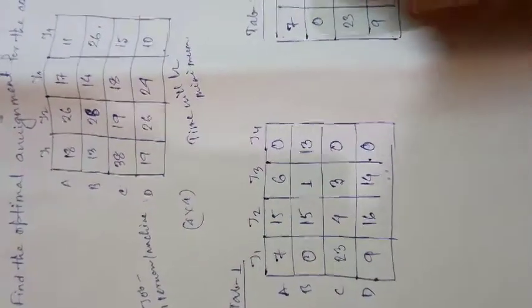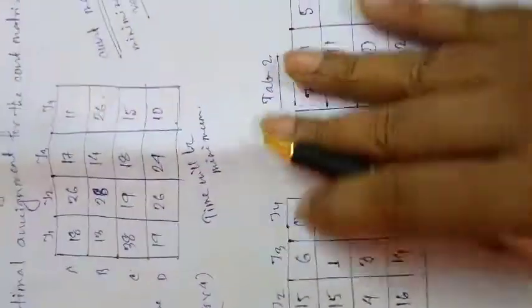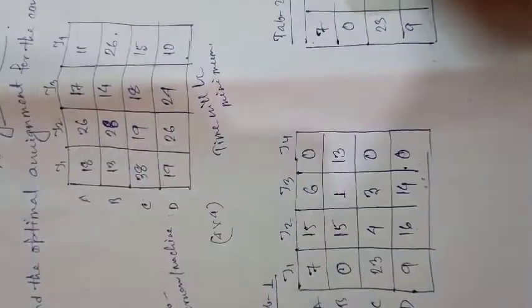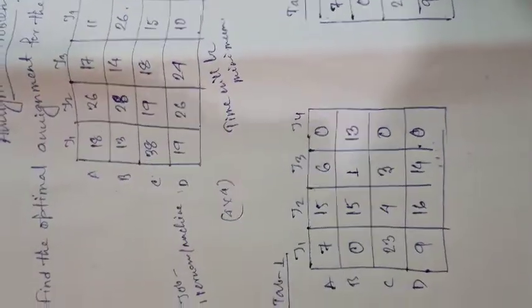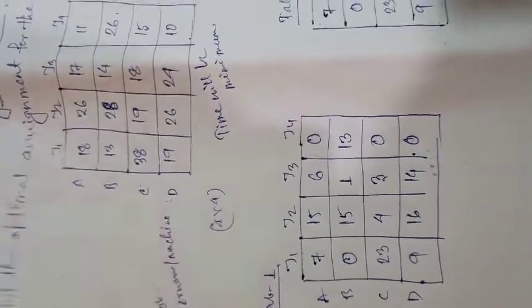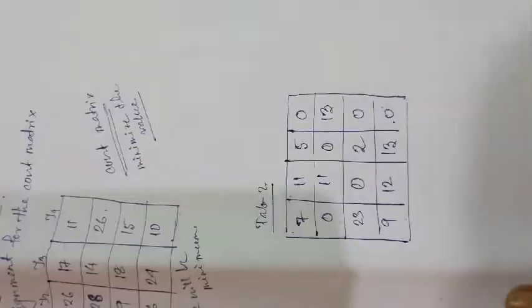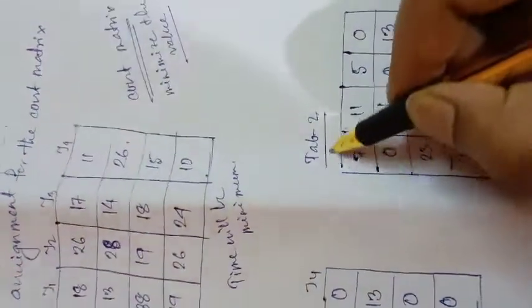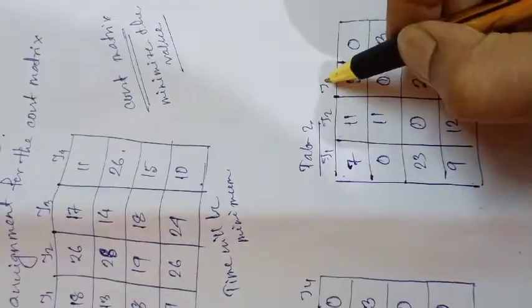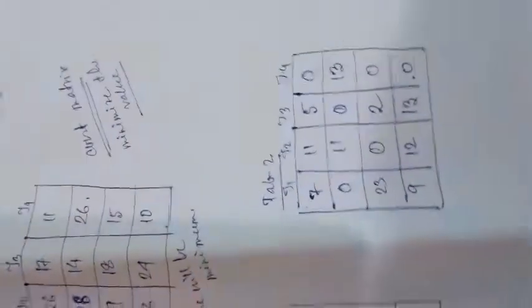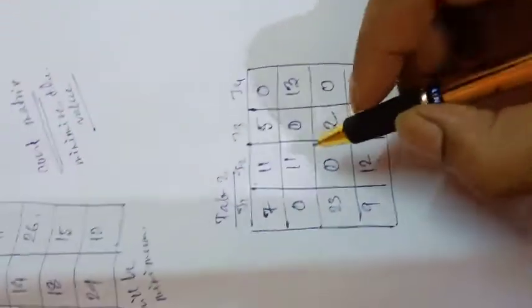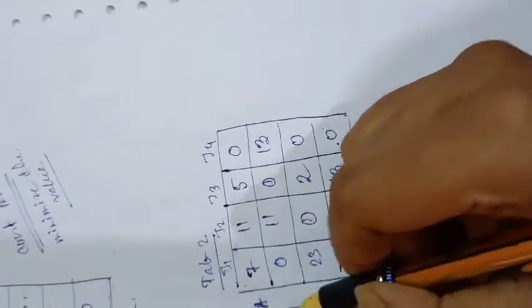The next is 11, 11, 12, 5, then 0, 2, 13, 0, 13, 0, 0. So now see that in this table every column and every row contains at least one 0.